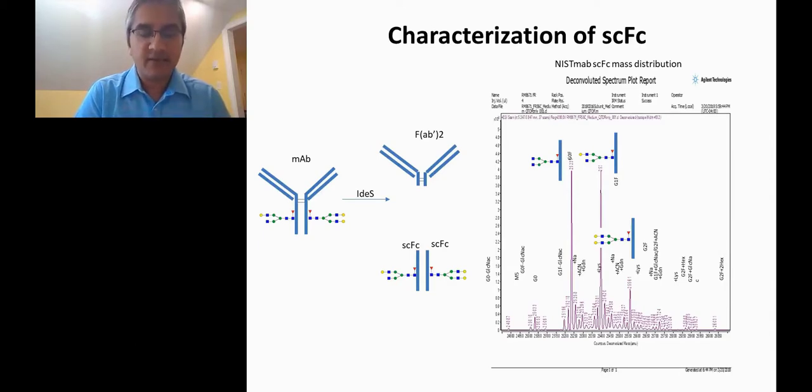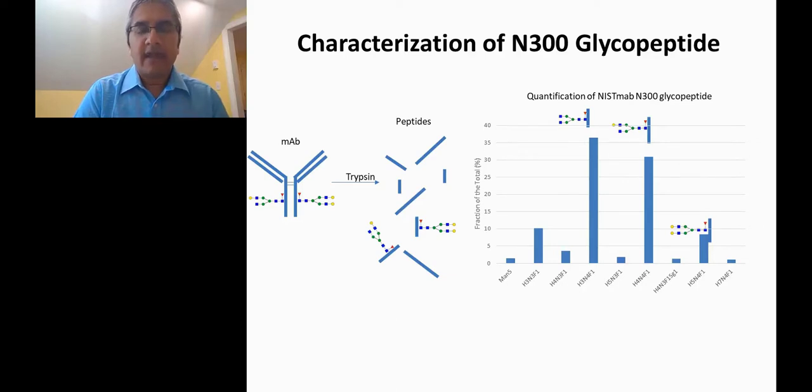Given that the Fc has the single N-linked glycosylation site, you get the glycosylation at the intact domain level by LCMS, looking at the various glycoforms and rank ordering the top glycoforms. This is again consistent with what has been reported with some other mass spec instruments in the literature.